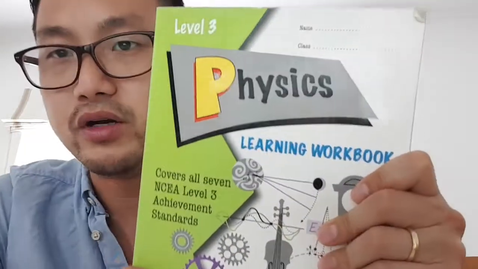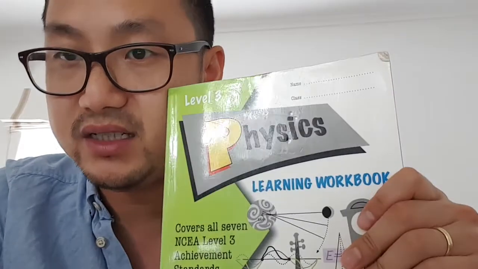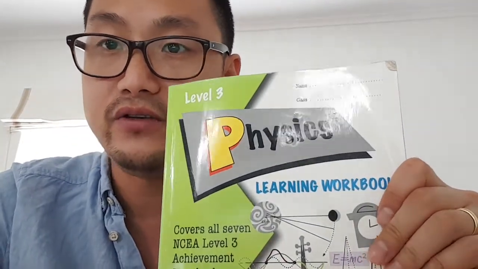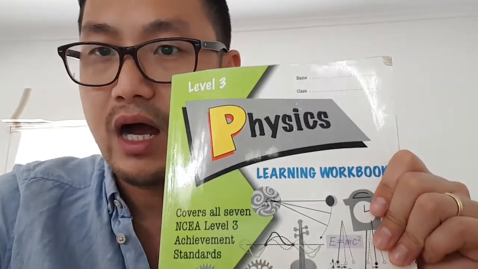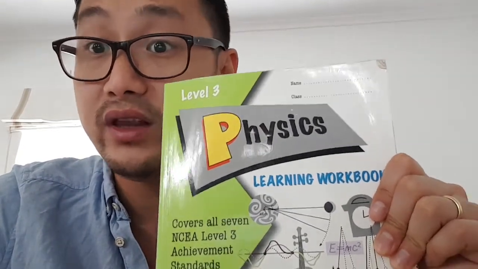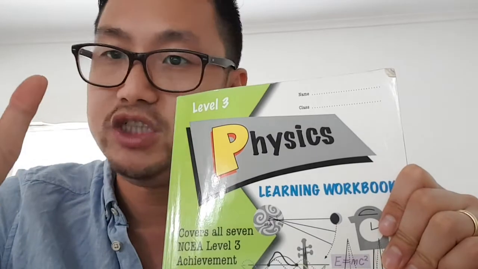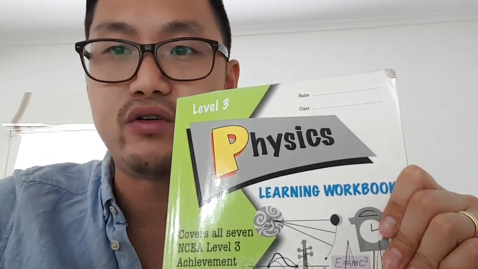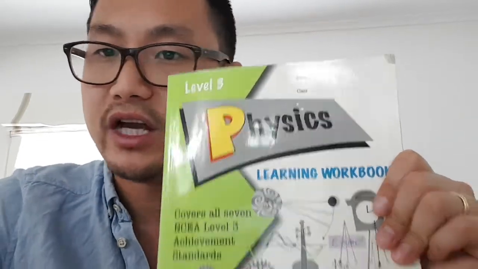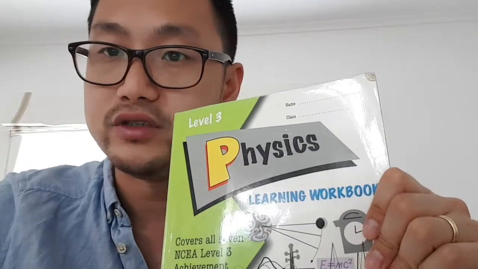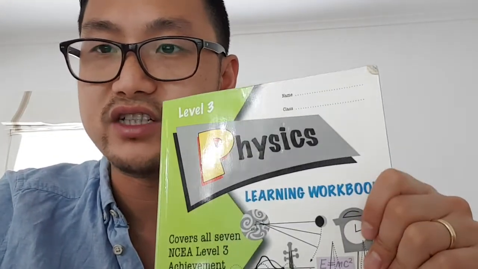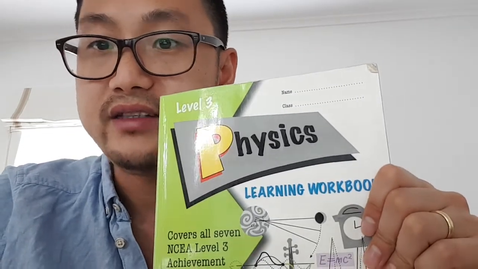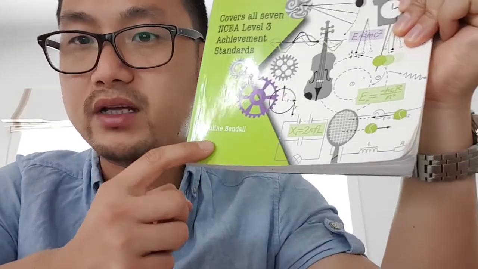I've had a lot of success using this textbook with the previous year's students. If you feel you're willing to invest another $20 to buy this book, I would highly recommend you do so. If you're doing this book, you don't even need to do the booklet that we give you. Or if you don't want to spend the money, the booklet is good enough, and it's actually written by the same person, Pauline Bendel.